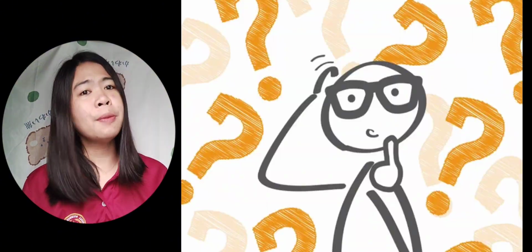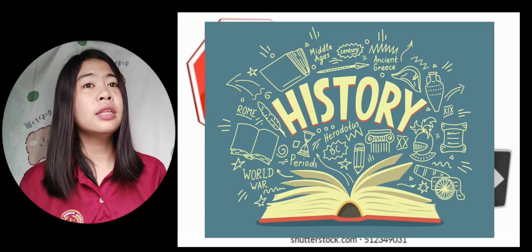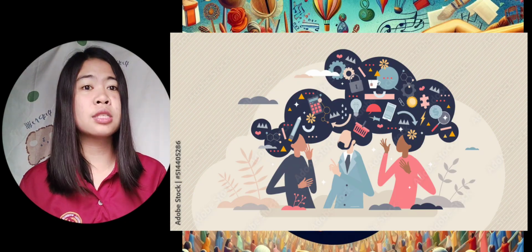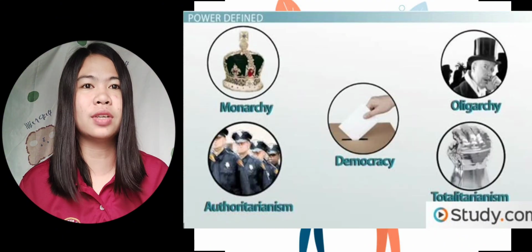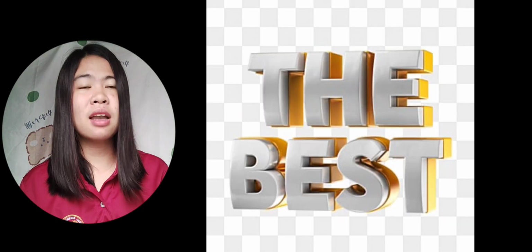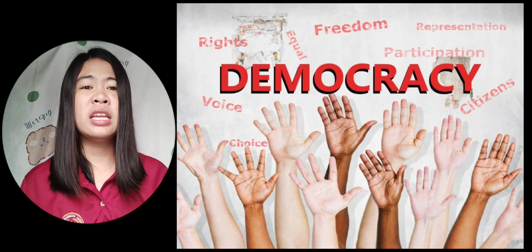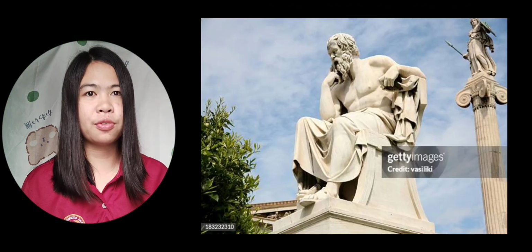The reason why, as a political science student, I have to consider the history, the culture, and the social context before concluding what for me is the best regime or the best government. I would say that the best government is democracy, and it is way different from the perspective of the philosophers.